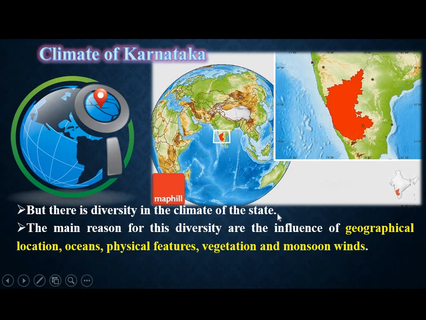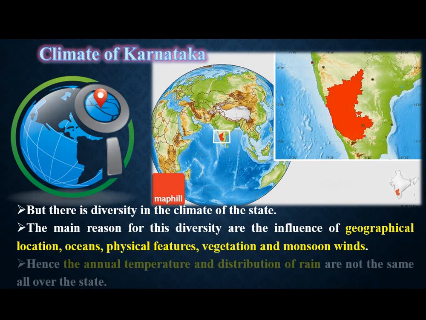The main reasons for this diversity are the geographical location, the oceans nearby, the physical features, the vegetation and the monsoon winds, the wind which blows. Because of all these reasons, Karnataka has a diversified climate, and so the annual temperature and the distribution of rain are not the same all over the state. It will be different from district to district in our state.